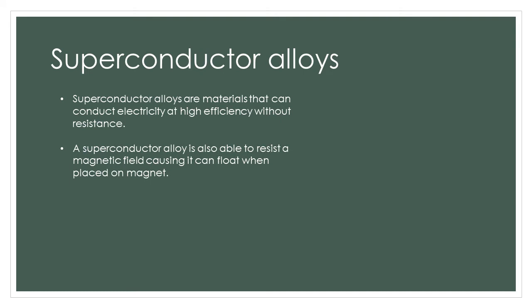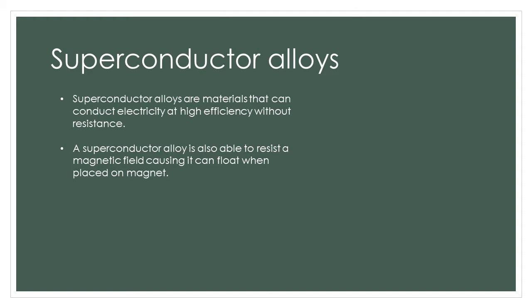Okay, a superconductor alloy is also able to resist the magnetic field, causing it to float when placed on a magnet. So this superconductor alloy is able to resist the magnetic field. When it is put on the magnet, it can float on the face of the magnet.